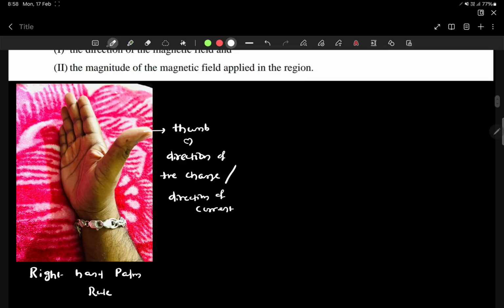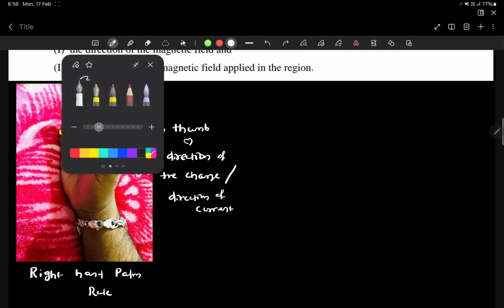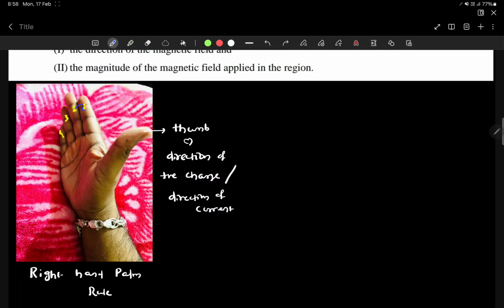Second thing, these four fingers, 1 2 3 4, they have to represent the direction of magnetic field.